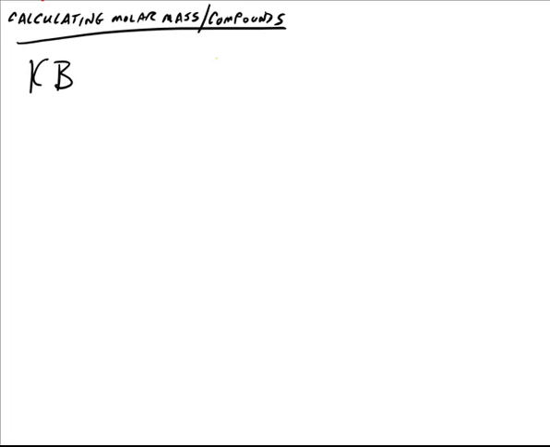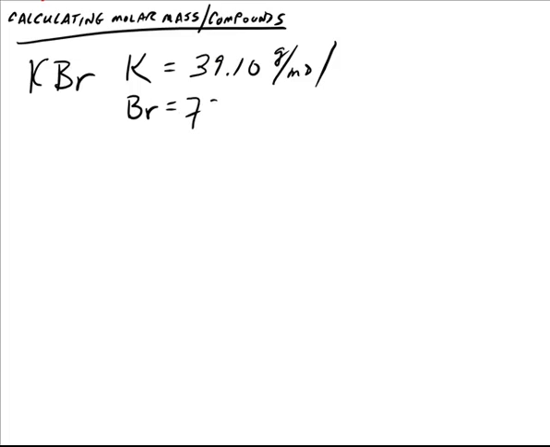So for the first compound, we're going to do potassium bromide, KBr. And what we need to know for these two elements are their atomic masses, which we would get from a periodic table or a chart. Potassium has an atomic mass of 39.10 grams per mole, and bromine has an atomic mass of 79.90 grams per mole.